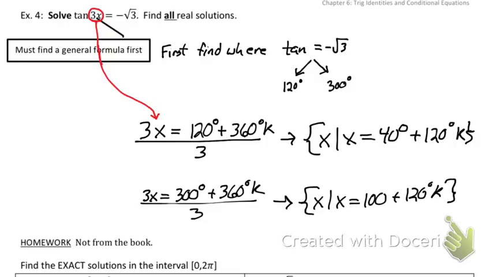Now, be aware on this one. If this was 4x, I would just put 4x and I would divide by 4. If this was x divided by 3 instead of 3x, I would just put x divided by 3, and in that case, I would multiply everything by 3 because I want to get x alone.